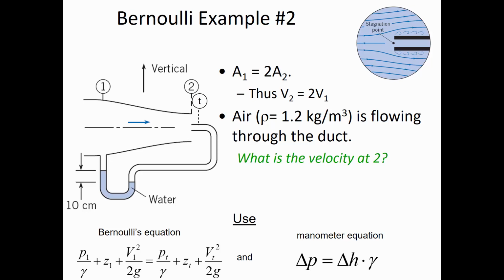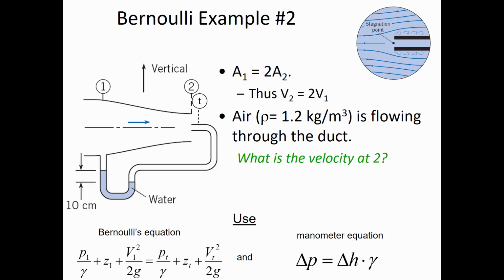And we could rearrange that to be V1 is 2 times Pt minus P1 divided by the density, and we take the square root of everything. So we're just trying to isolate the variable V1, and then substitute in the constants and the calculated values that we know.